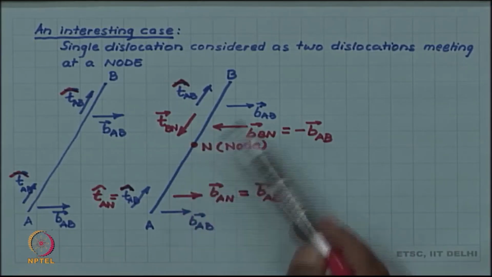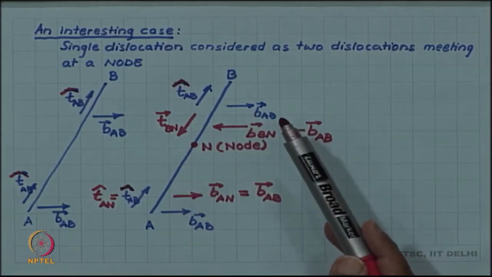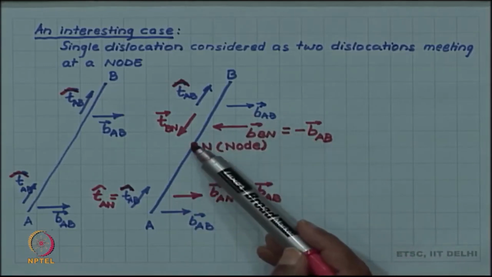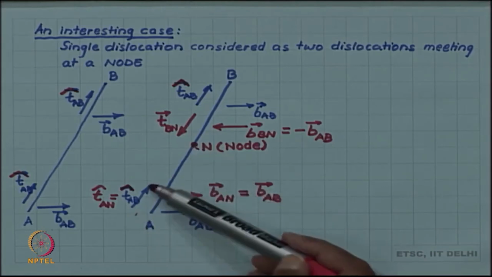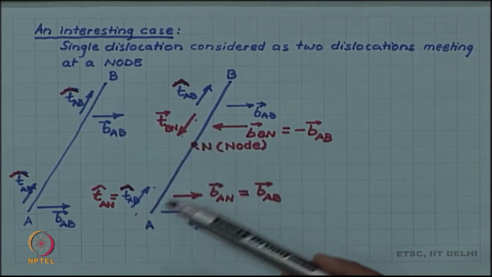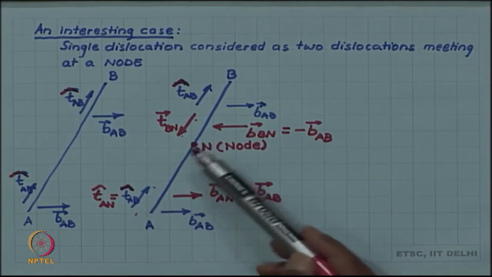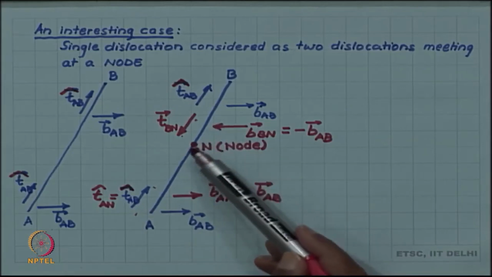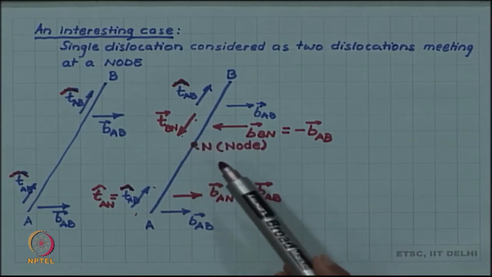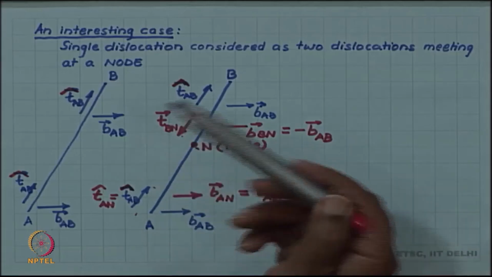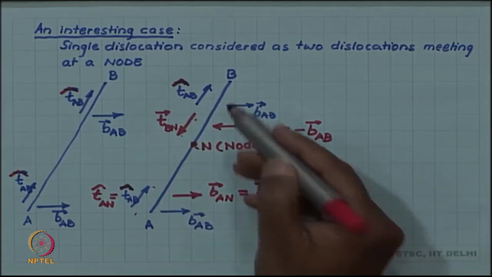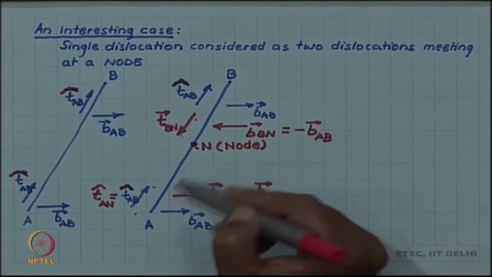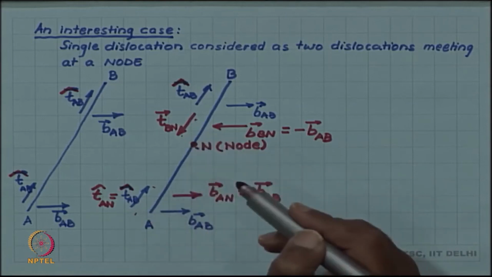So, this exercise reminds you of two important conditions: if you consider a node, then the tangent vectors of all the dislocations meeting at the node should be pointing towards the node. We have done that exercise here for BN, we have flipped it so that it is pointing to the node.